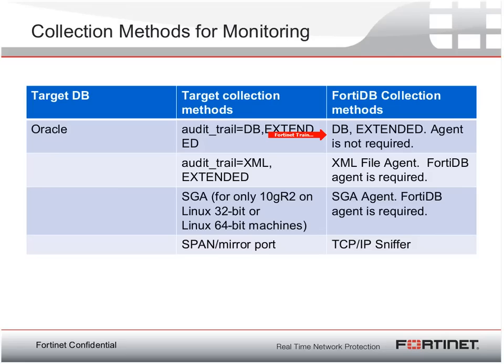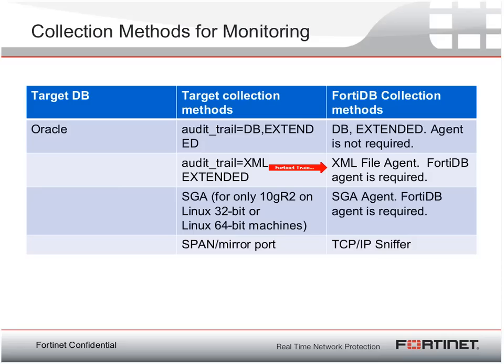We can use the XML file agent. Okay, so basically we use the XML storage locally, and then we use the agent, okay, locally to actually, rather than the FortiDB polling the server, the agent will periodically send that information to the FortiDB.